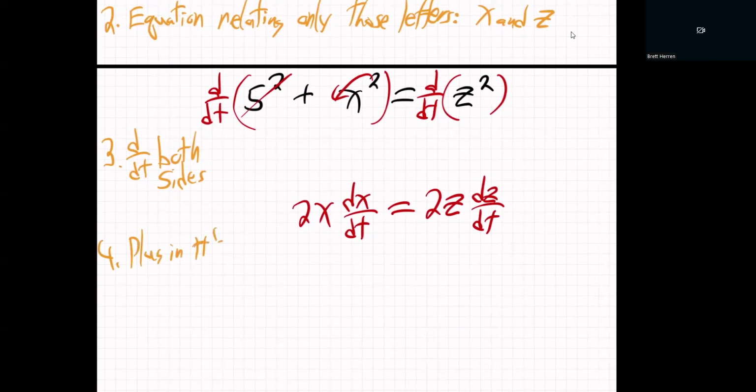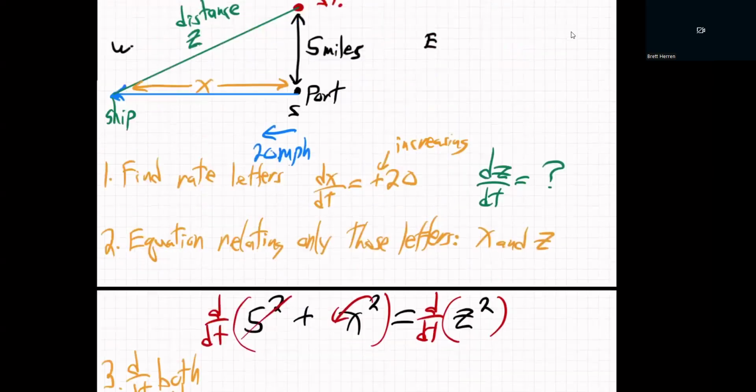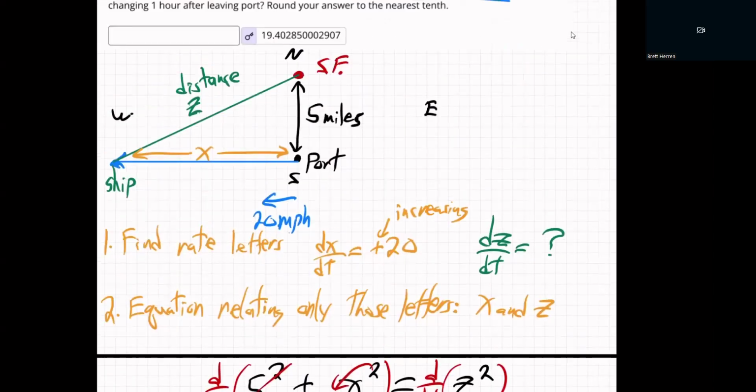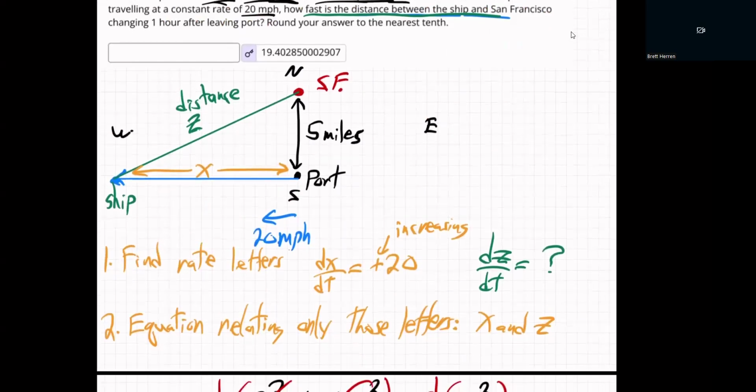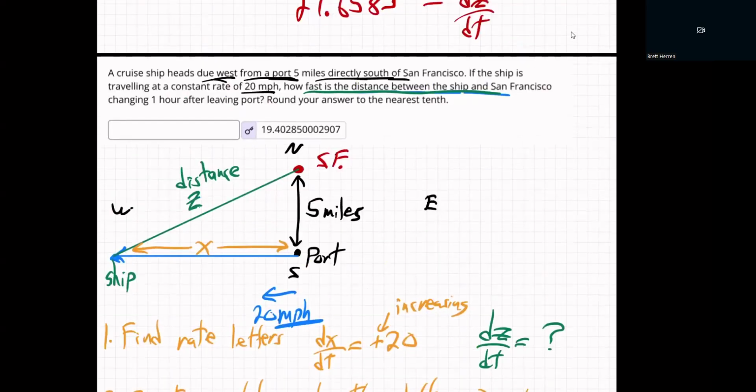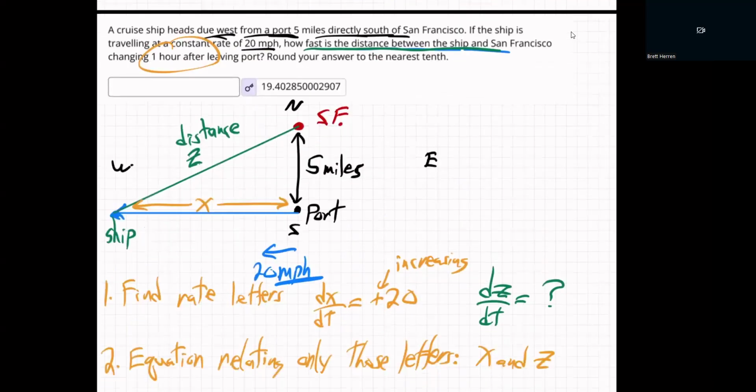All right, and step 4, plug in the numbers. Well, one quick thing is we can just divide out the twos right away. So we get x dx/dt is z dz/dt. So do we have x? Let's go find x. The ship's moving 20 miles an hour, and it does it 1 hour after leaving port.